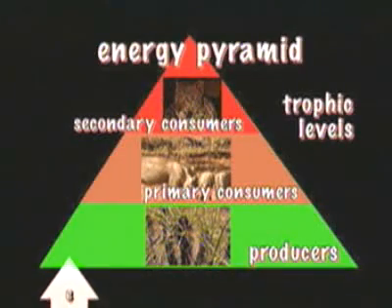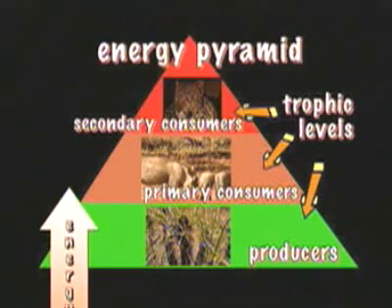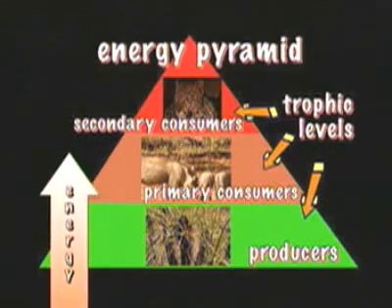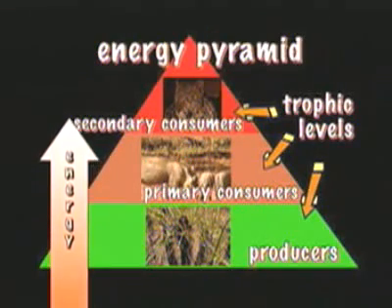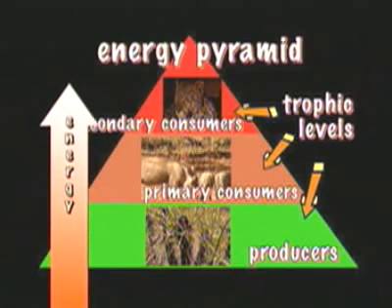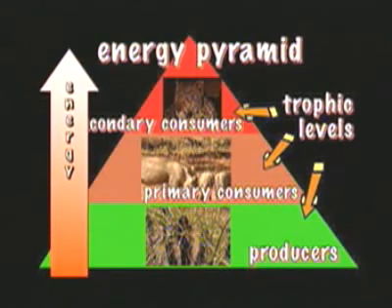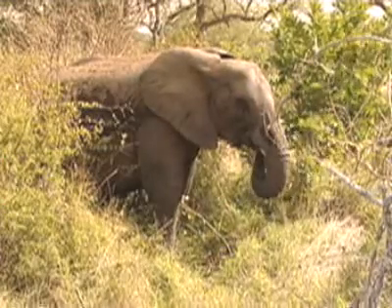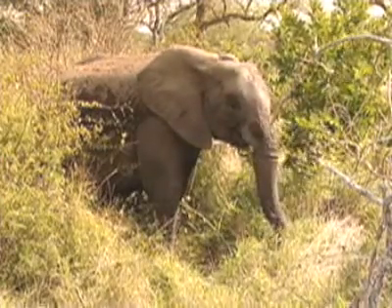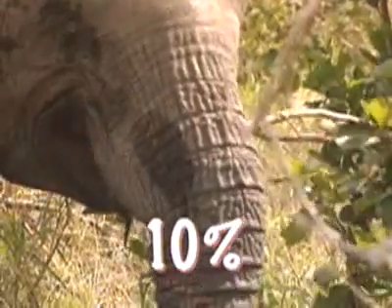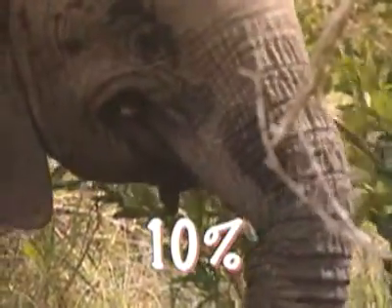All of these different feeding levels, or trophic levels as they are called, form a type of energy pyramid in ecosystems. As the energy passes from level to level, less and less usable energy is available to organisms at the higher levels.